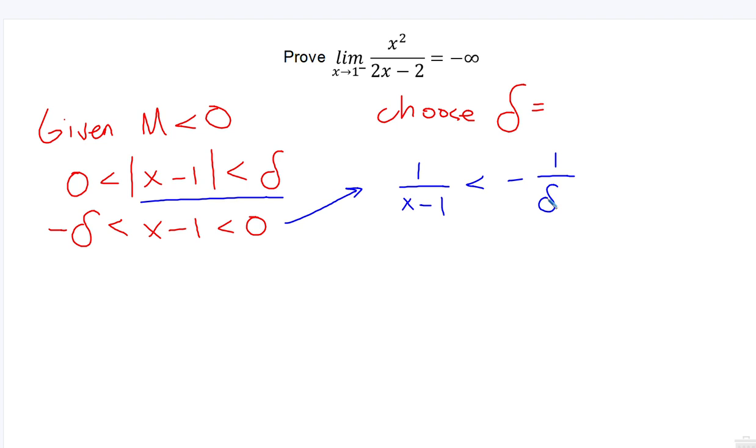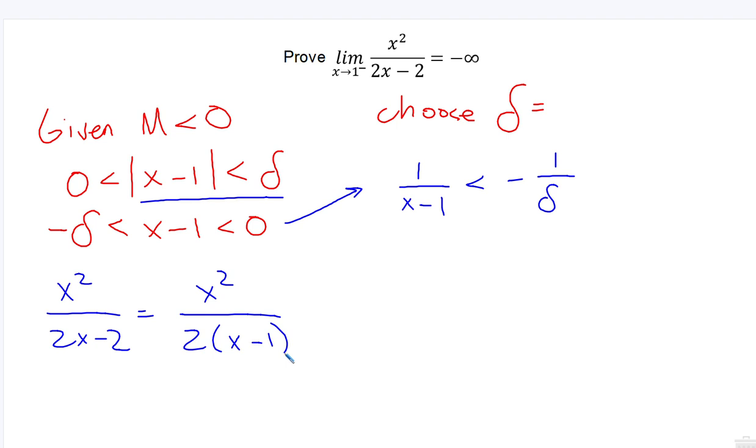So now we'll start with our function. Our function is x squared over 2x minus 2, which is, of course, the same as x squared over 2 times x minus 1. The reason I'm factoring out that 2 is because I know something about 1 over x minus 1. If I have an x minus 1 in the denominator, I should be able to logically make the leap: I know that 1 over x minus 1 is less than negative 1 over delta.